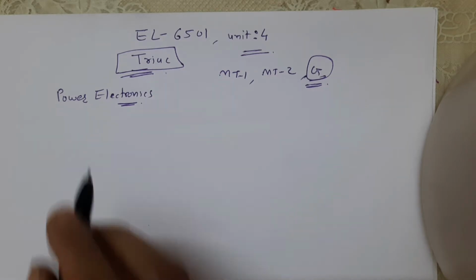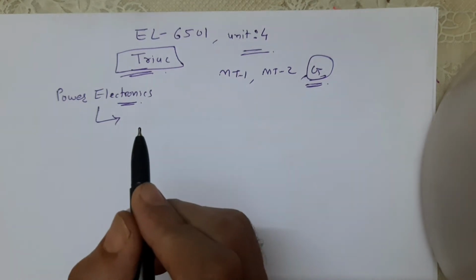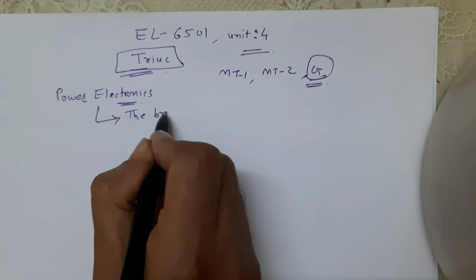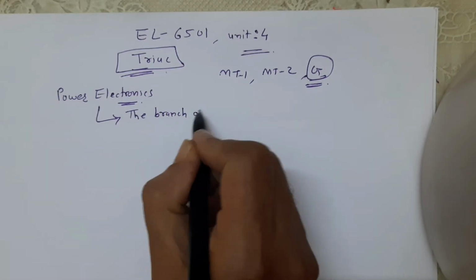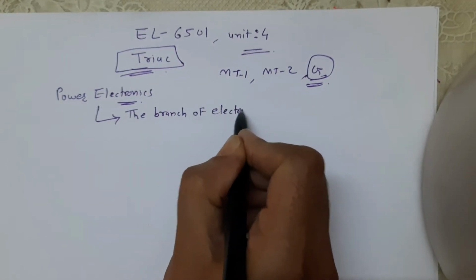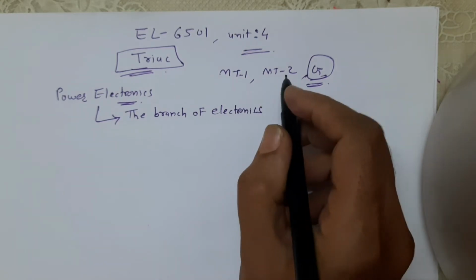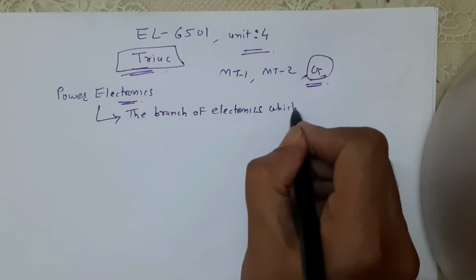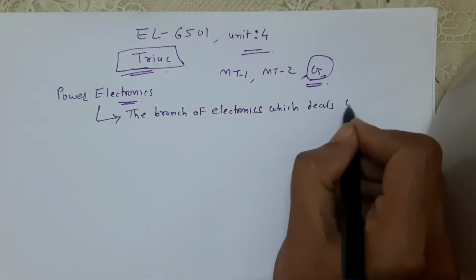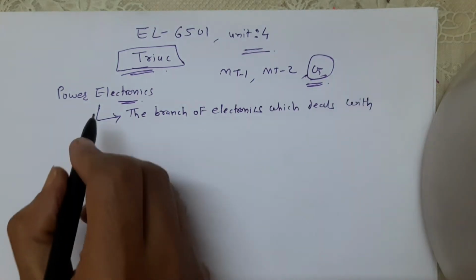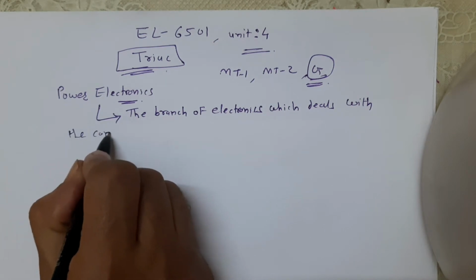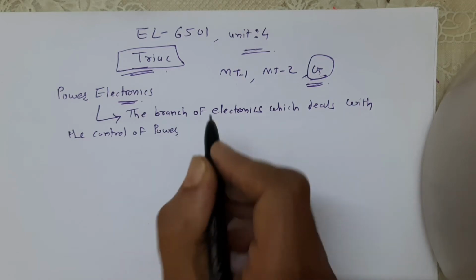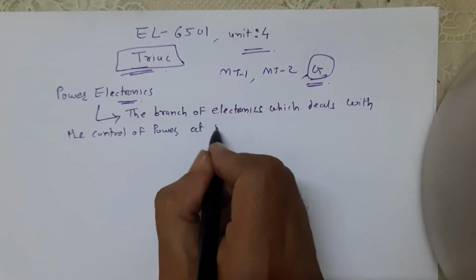So what is power electronics? The definition of power electronics is the branch of electronics which deals with the control of power at 50 hertz.